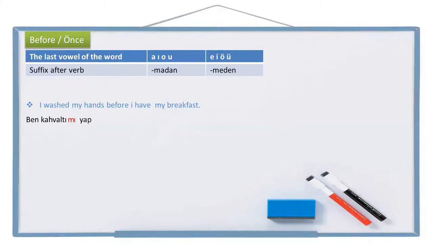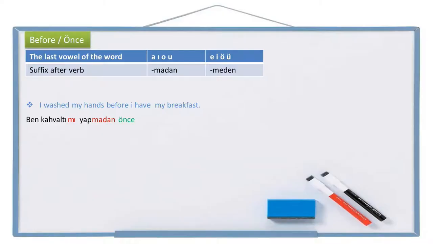Have, yap. Now I wrote have my breakfast, kahvaltımı yap. It's time to write before. Önce. And I need to compound them with a suffix, yapmadan önce. Before I have my breakfast, kahvaltımı yapmadan önce. I change the places of them and add the suffix between them.